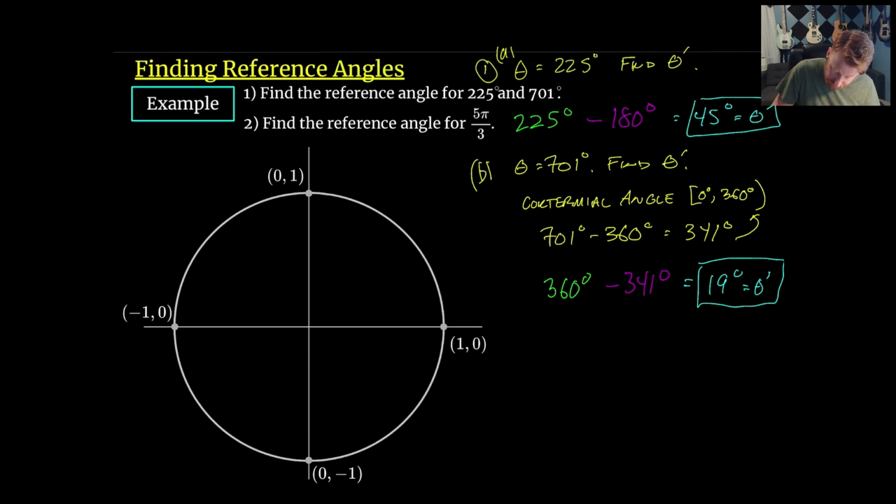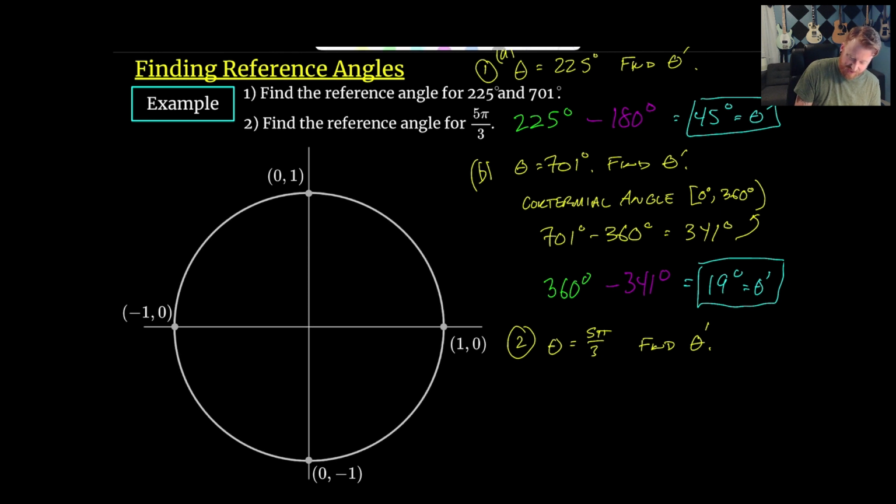All right, so now we'll do number 2, which is going to be an angle of 5 pi over 3, and we want to find theta prime. Okay, so let's sketch in where 5 pi over 3 is. This is within just one revolution, so we don't need to find a coterminal angle first.